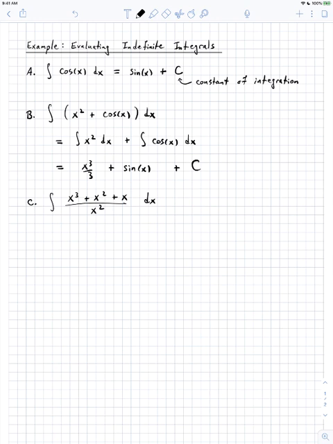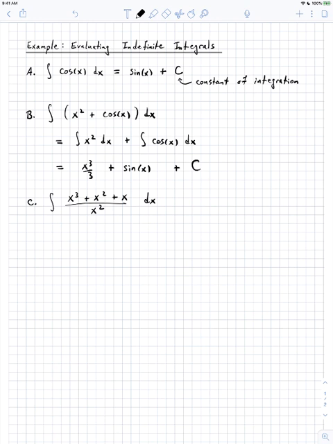This is not something that we necessarily have off the top of our head. This is the integral of a quotient. Now, there is no quotient rule for indefinite integrals. We have a quotient rule for derivatives, but there is no quotient rule for computing indefinite integrals. So you cannot compute the antiderivative of the numerator and the antiderivative of the denominator separately. It doesn't work that way.